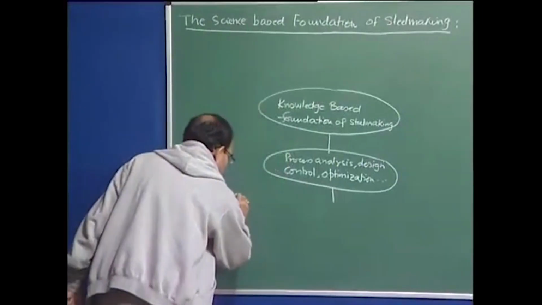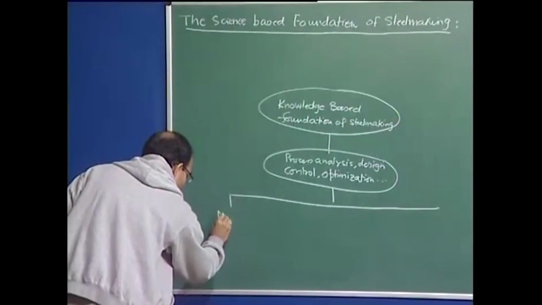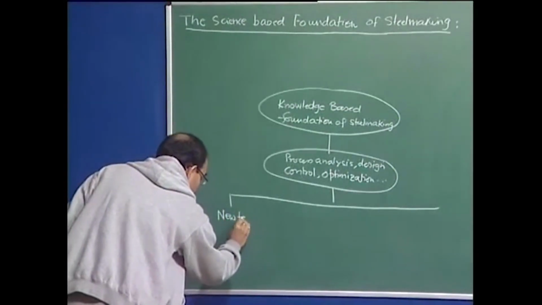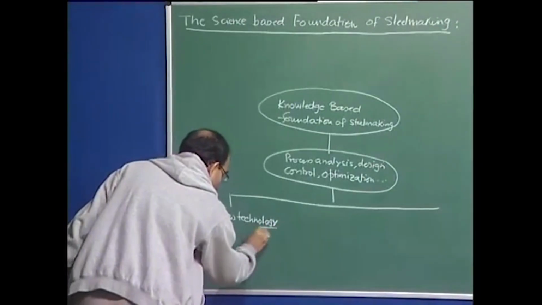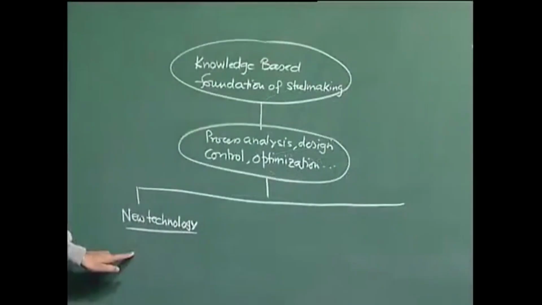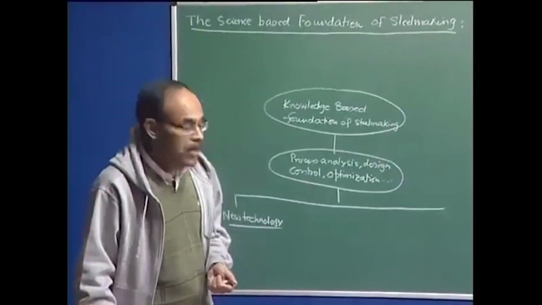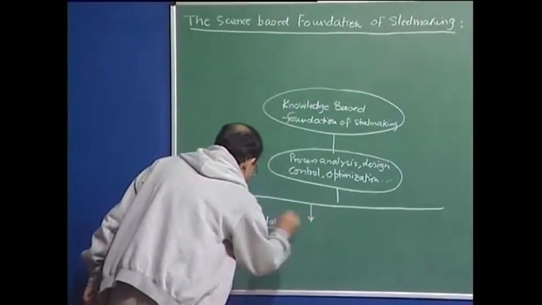And if you can do all these things, then what is the net result? The net result is enormous. You can develop new technology; people are looking for direct steel making technology, technology where they do not have to use coke to produce iron. You can have new products.